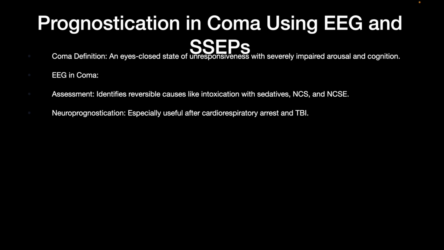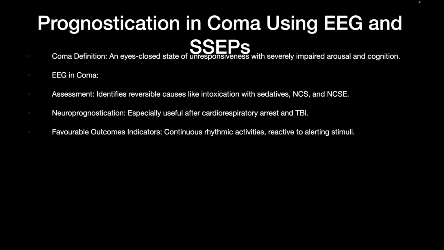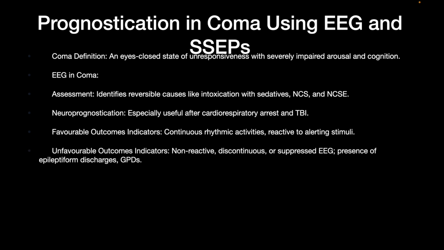Now, neuroprognostication can be done here in case of cardiopulmonary arrest or traumatic brain injury. Outcomes are favorable if there is continuous rhythmic activity reacting to stimulation. Unfavorable outcome is non-reactivity, discontinuous and suppressed EEG, presence of epileptiform discharges, and generalized periodic discharges.